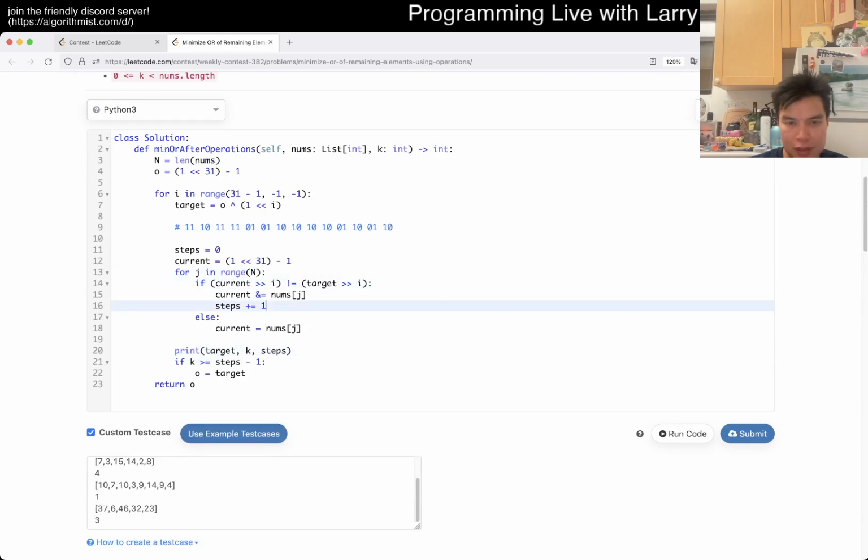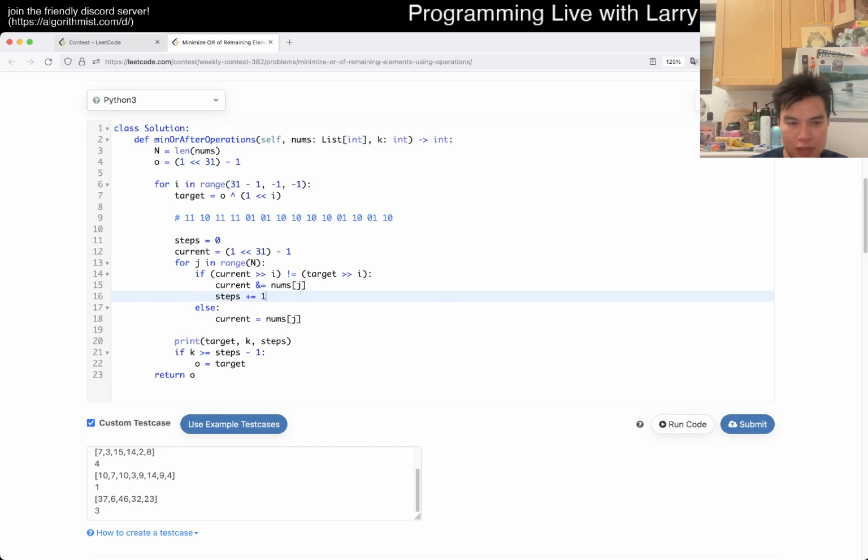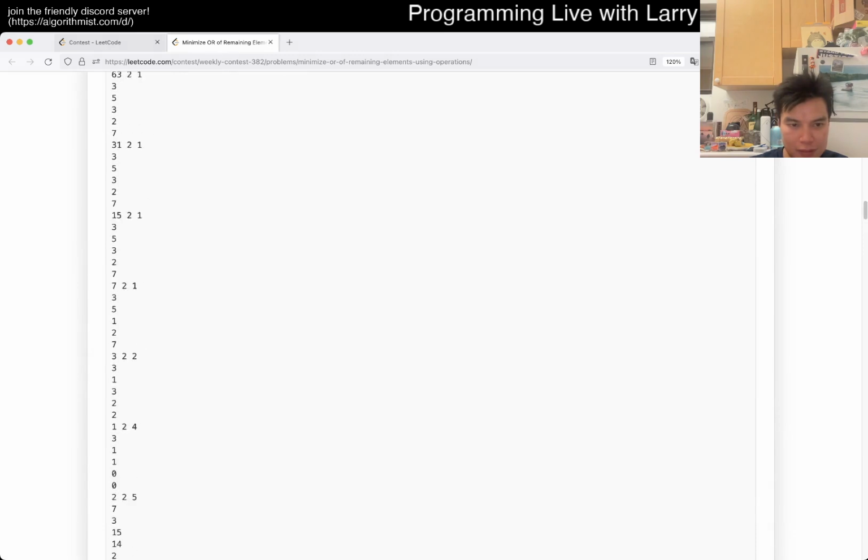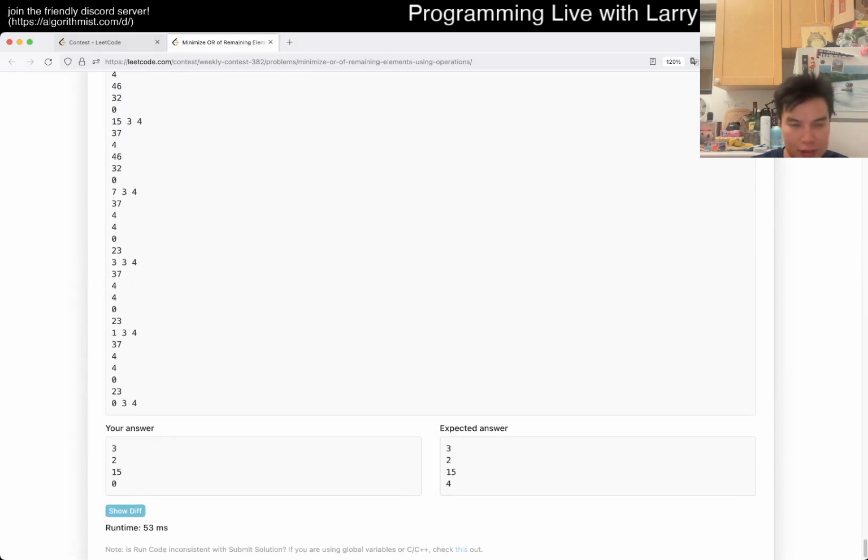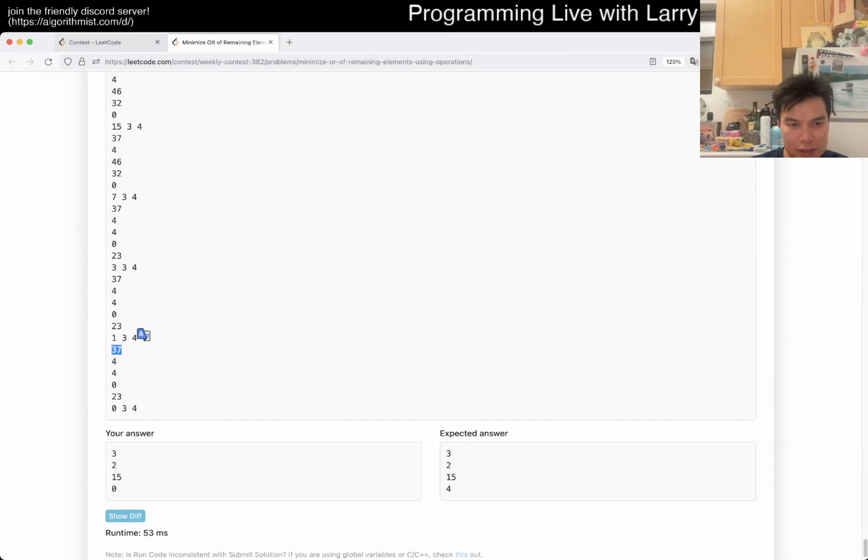And then, oh, I guess 4 steps is the most. Is it? So this 1. Am I off by 1? Maybe. 7, and then 4, and then 4, so that's 3, and then 0, and then we start a new one.